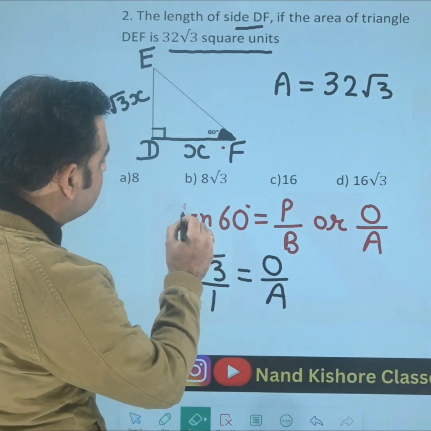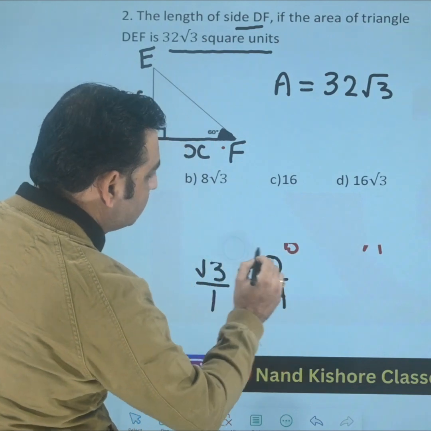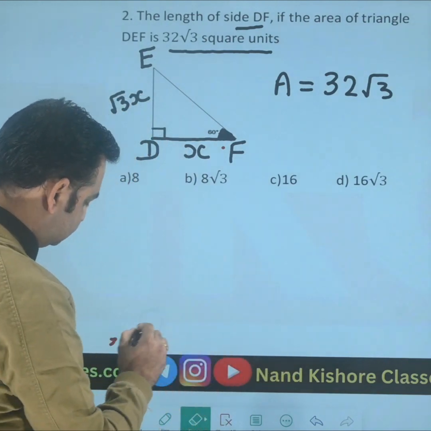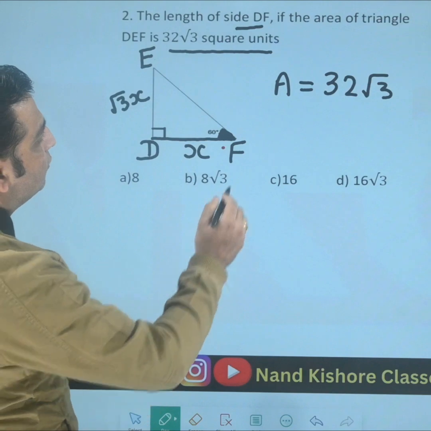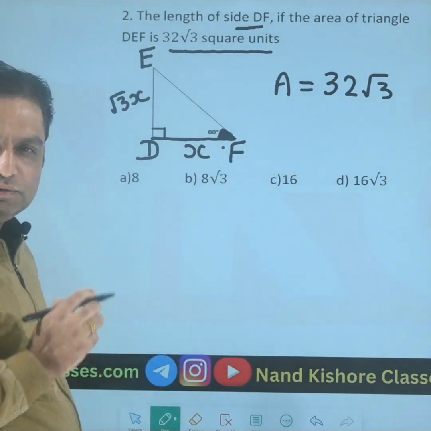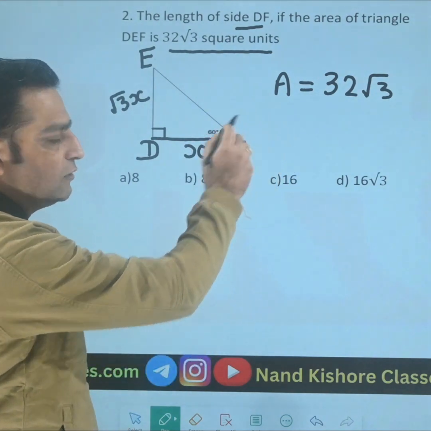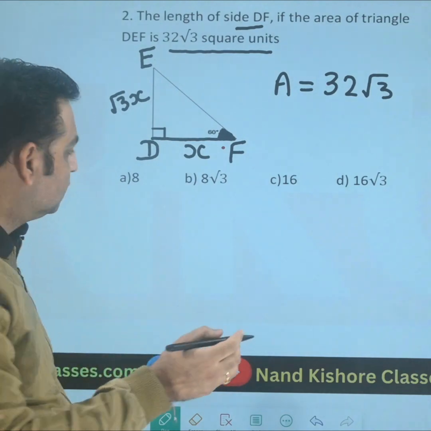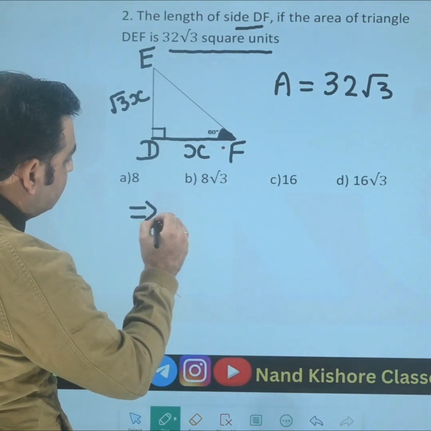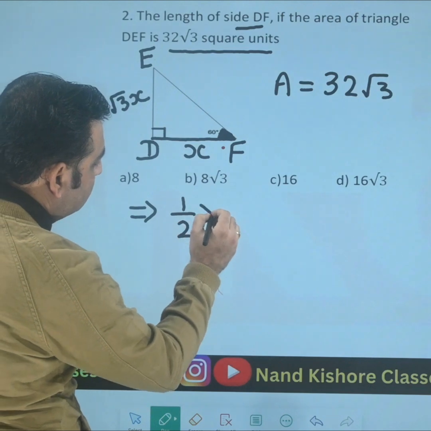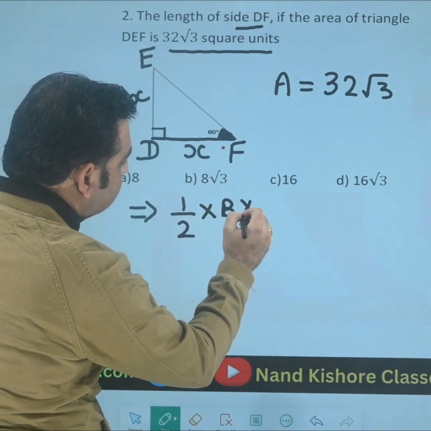Now, let's move ahead in the question. After the selection of sides, what we need to do further? We are given area as 32 root 3. It is written over there at top. Now, what is the formula for area? Formula for area is half times base times height.